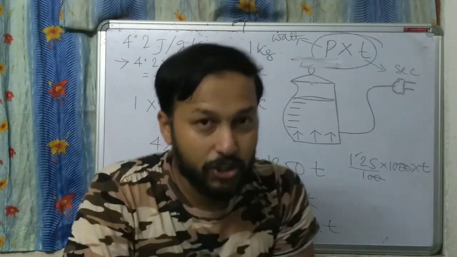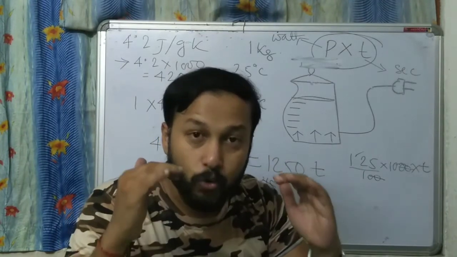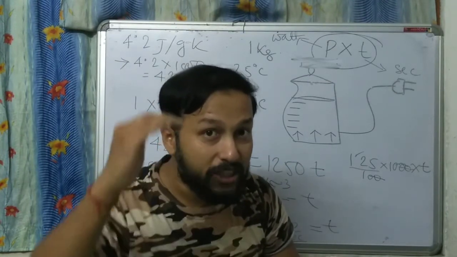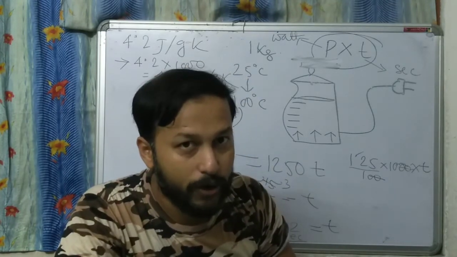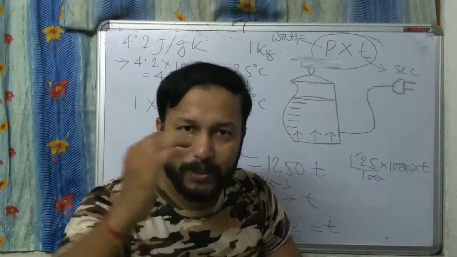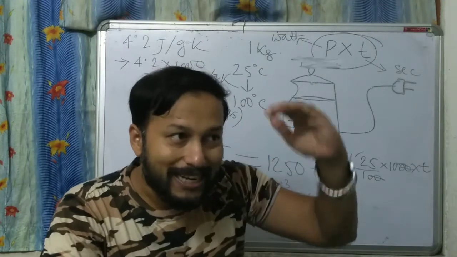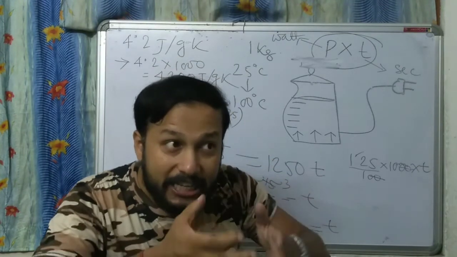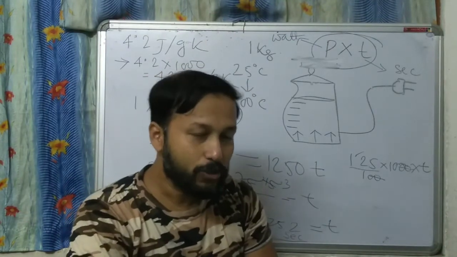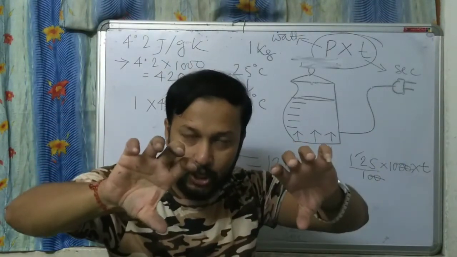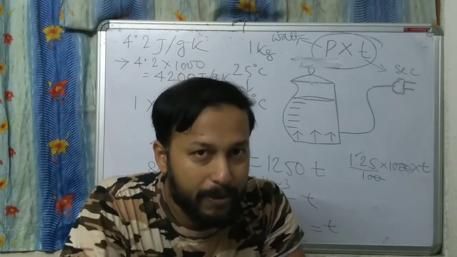So first of all we discussed the specific heat capacity, means a material with less specific heat capacity is a good conductor of heat. Because I told you that less specific heat capacity means it will get heated faster and it will get cooled faster. Next we saw how we can mix two liquids, or one solid and one liquid, and what will be the final temperature.